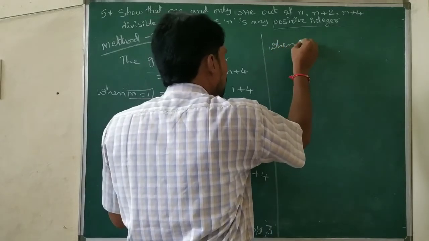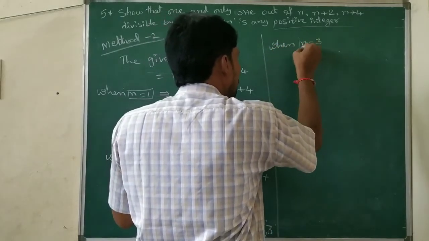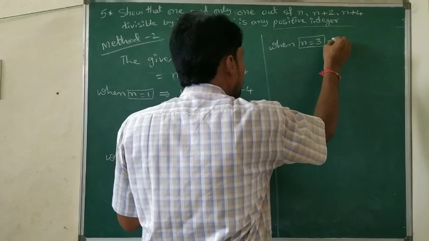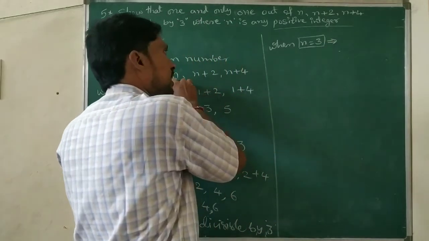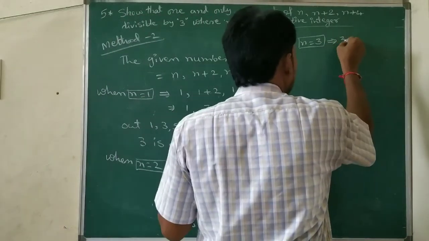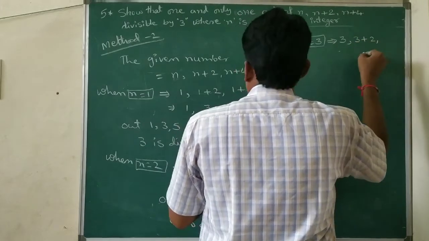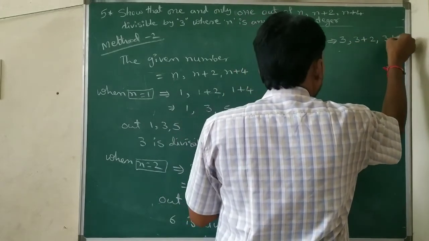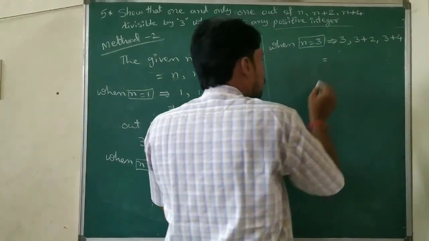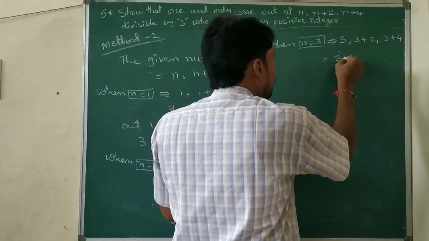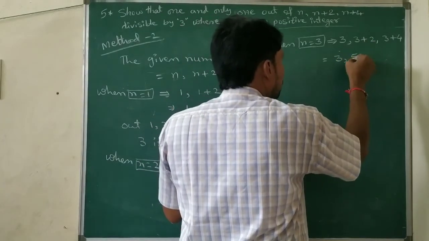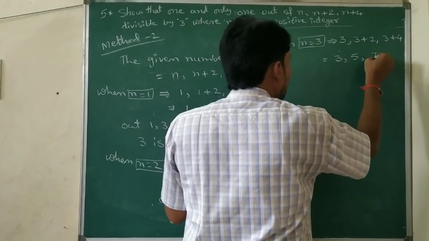Now one more case we are taking. When n equals 3, n means 3, n plus 2 means 3 plus 2, n plus 4 means 3 plus 4, that equals 3, 3 plus 2 is 5, 3 plus 4 is 7.